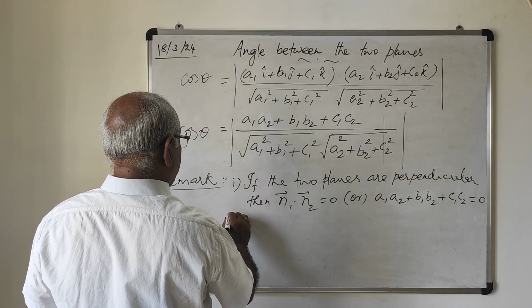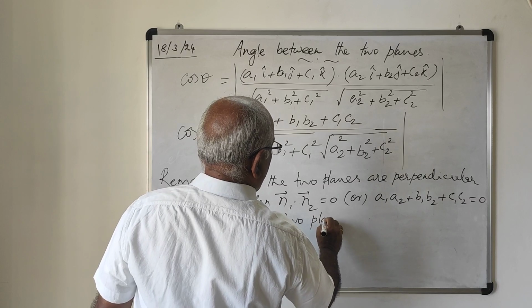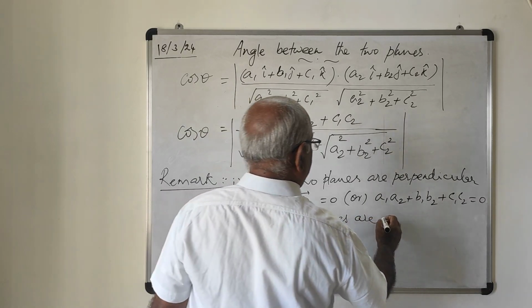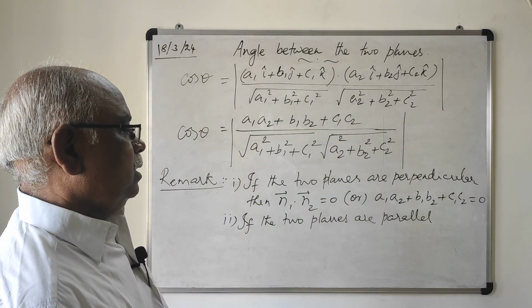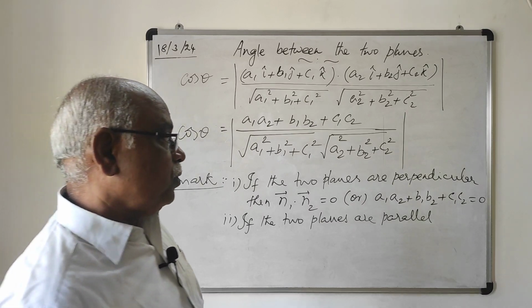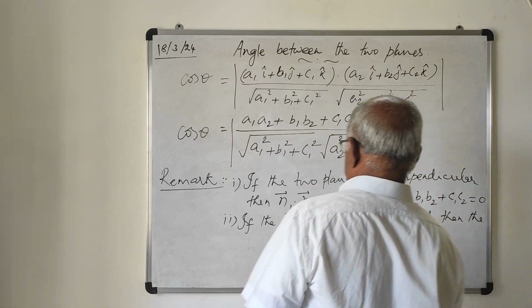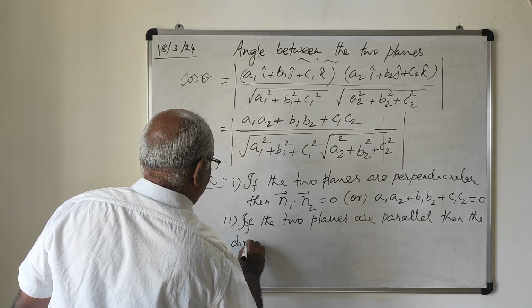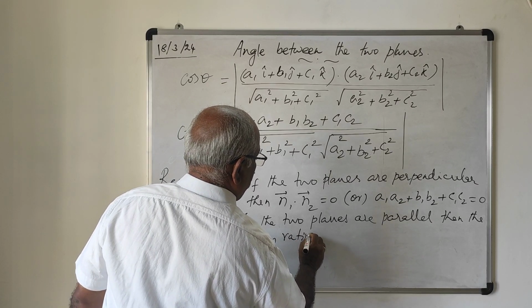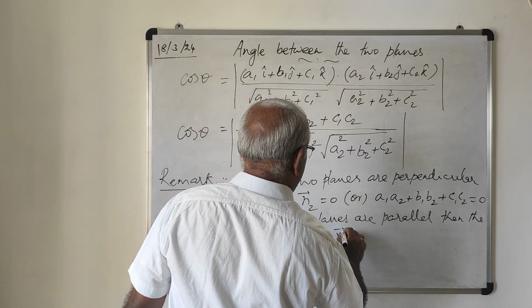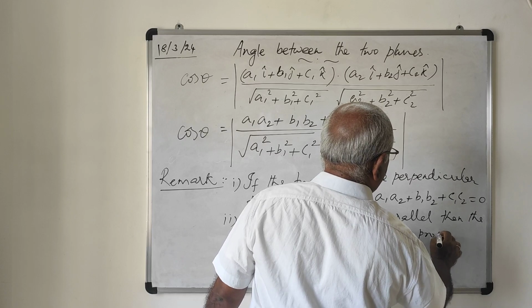And the second condition: if the two planes are parallel, then the direction ratios of the n1 vector and the n2 vector are proportional.